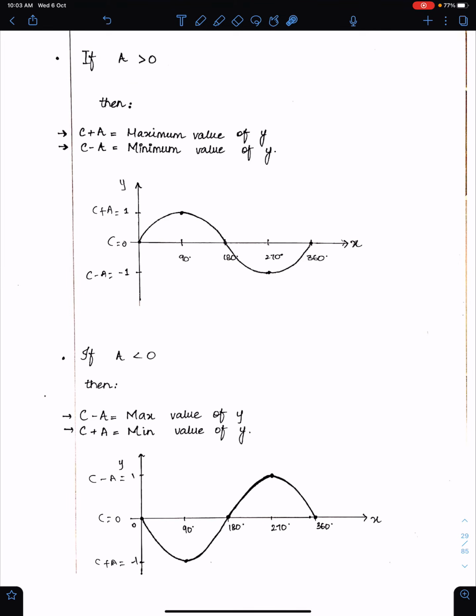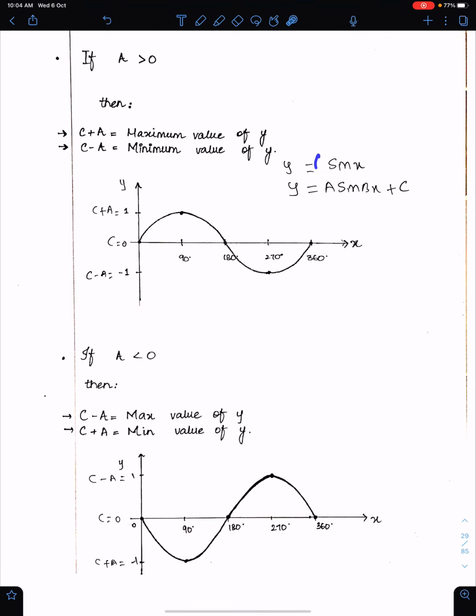And this is the sketch of this function, y is equal to a sin bx plus c, and in this question c is 0. Well, let me write this as c, and this is the equation, sin x.